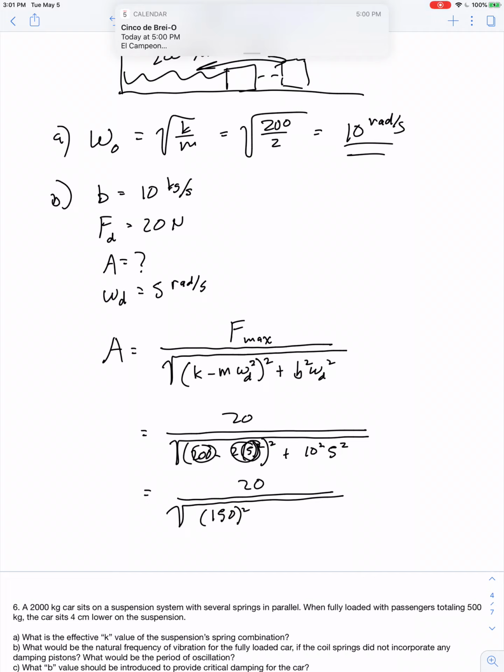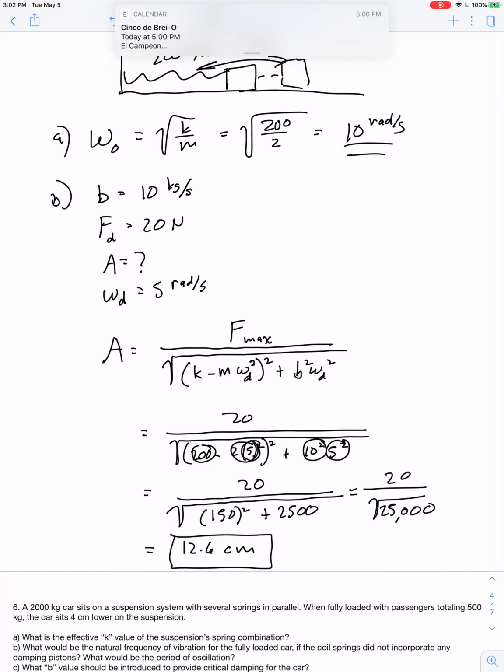So 20 divided by 150 squared plus, 5 squared gives us 25, 10 squared gives us 100, so this is 2,500. If we add 150 squared to 2,500, we get 25,000. So this is 20 divided by the square root of 25,000. And we get an amplitude of about 12.6 centimeters as the answer.